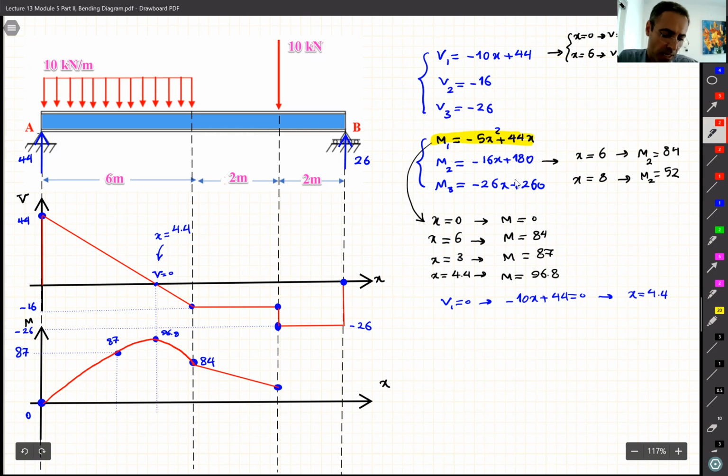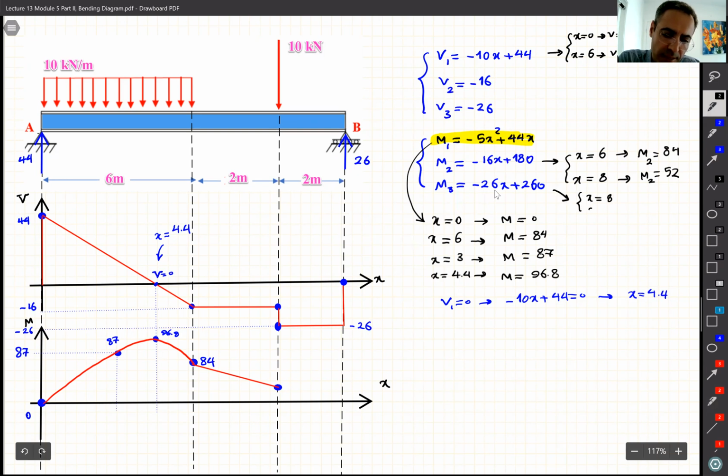Okay, so far we got to that point, and then the last equation, M3, for x equal to 8 and x equal to 10, right? It gives us M3 equal to 52 and M3 equal to 0. So connect these two points, all right.